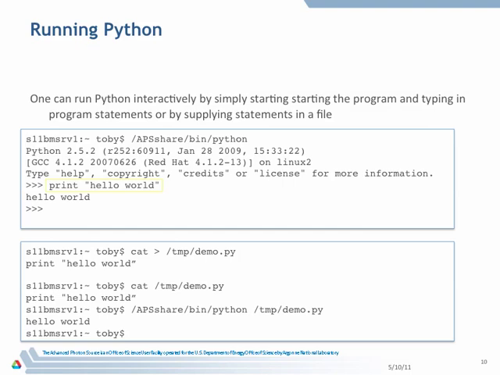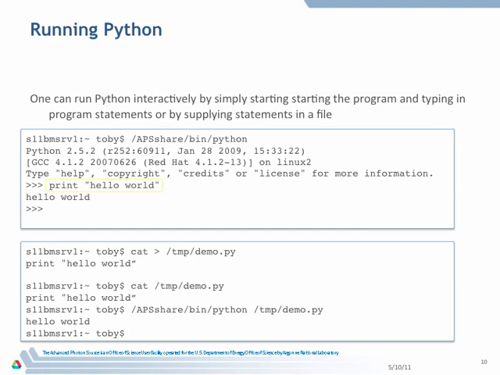If I put the same information into a file, so here's a file that contains that same information, I can display it, and then I can run Python by saying Python followed by the name of the file, and it will run that.